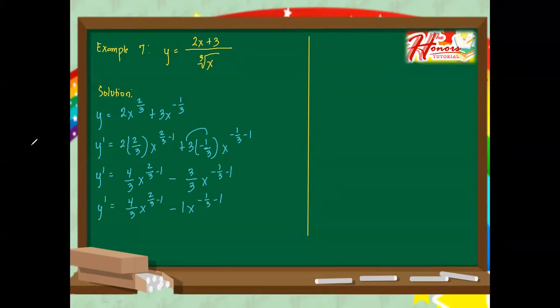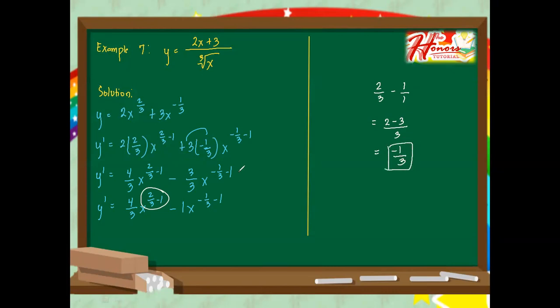So I will be using the butterfly method, and let's solve first for 2 over 3 minus 1. So we have here 2 over 3 minus 1 over 1. Let's change 1 into a fraction. So 2 times 1, that is equal to 2. 3 times 1, that's 3, so minus 3 over 3. 2 minus 3 is negative 1 over 3.